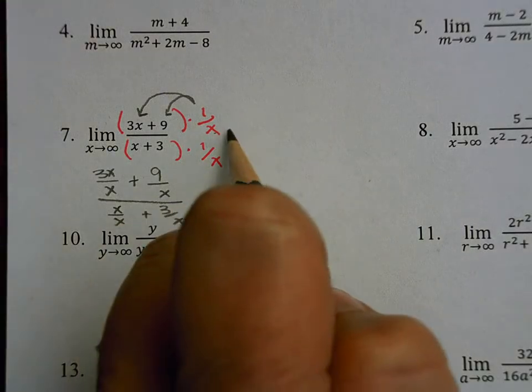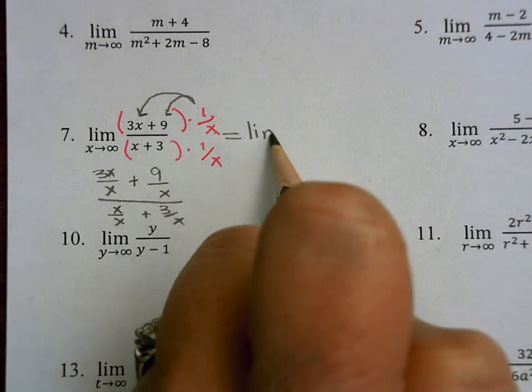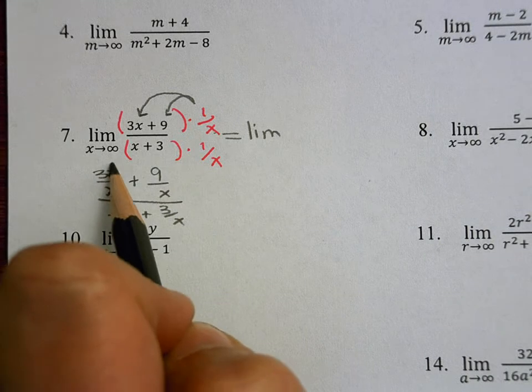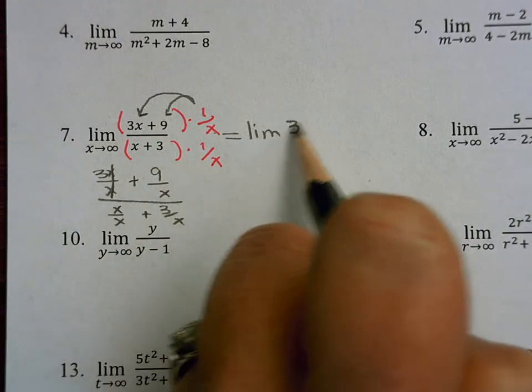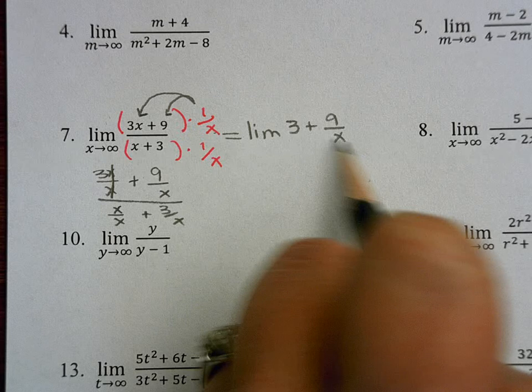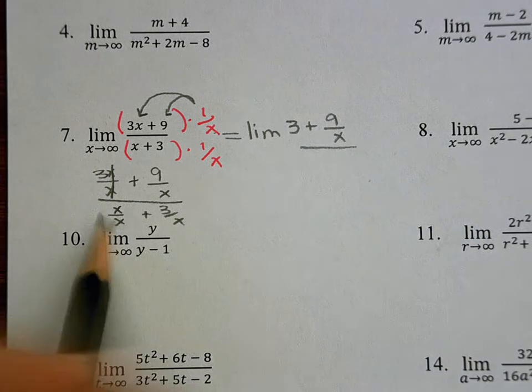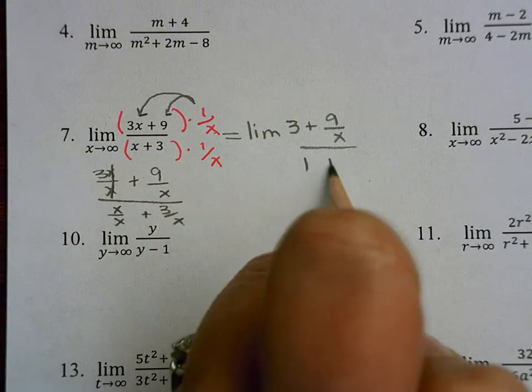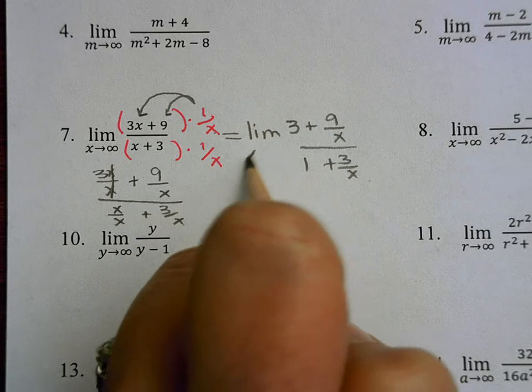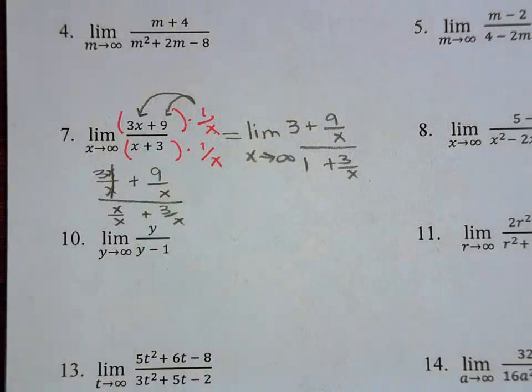So I'm going to write equals, and then I have the limit of my new function, so the x's are going to cancel. The x's will cancel to 1, and then plus 3 over x as x approaches infinity.